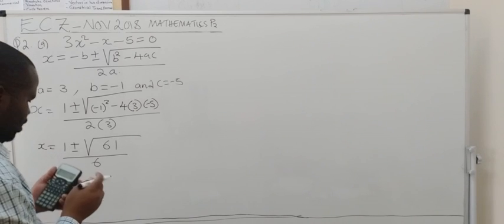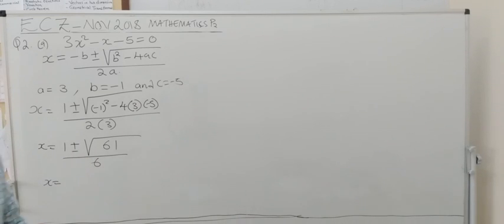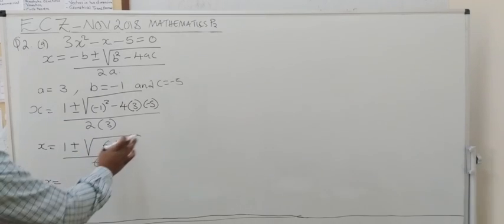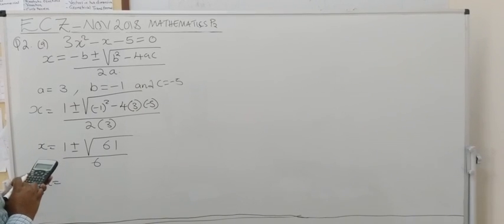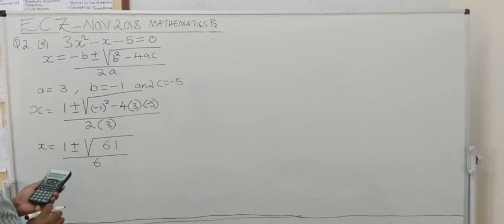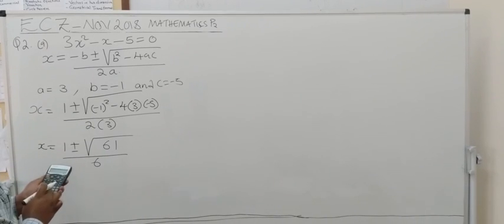Take note, our calculator has to be in degrees mode. It's very important. My calculator was in radians, so I had to change. So we'll say 1 plus the square root of 61. We get about 8 point something. Directly I can divide it by 6.